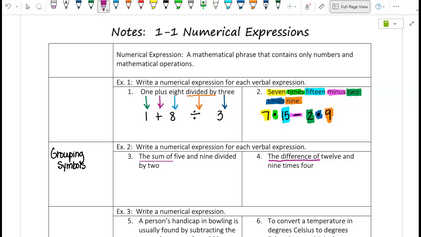We can't just put it in order without grouping symbols. So we have the sum of 5 and 9. So I'm going to put that in parentheses, 5 plus 9. I have to do that first. So there is the sum of 5 plus 9.